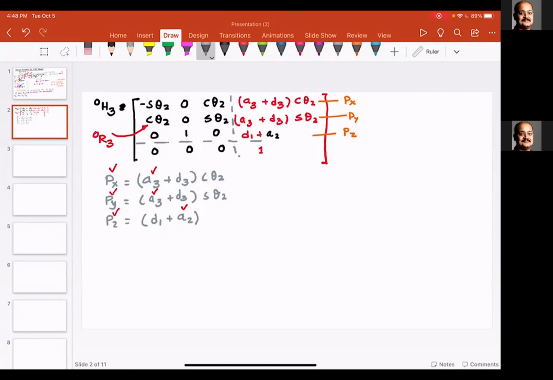From this position analysis, I need to extract the following joint variables.